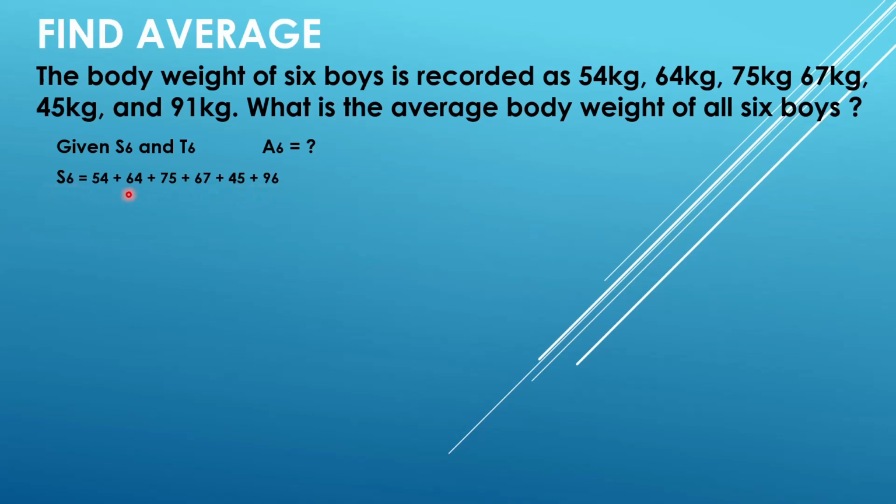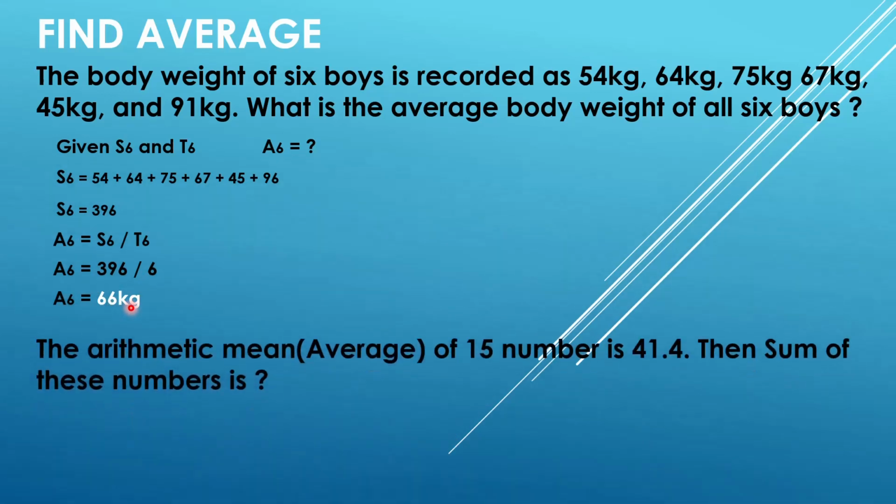First we need to make a total. So S6 is equal to 396. Now we are applying A6. A6 means average of 6 boys, so sum of 6 and total of 6. That's why 396 by 6 is equal to 66 kg. So this is a simple example.